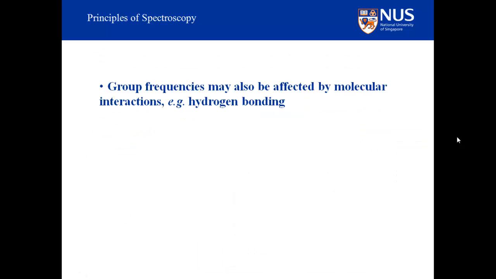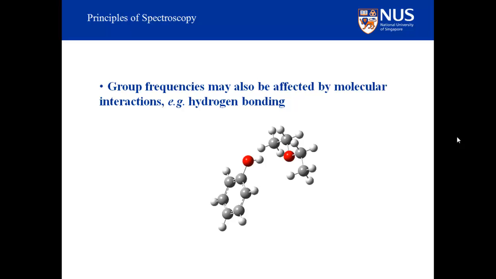Another way this can manifest itself would be because of intermolecular interactions. The most common one would be hydrogen bonding. Here is an example of where we've got a phenol molecule and a diethyl ether molecule, and we're getting hydrogen bonding between the oxygen atom in the diethyl ether and the hydrogen atom in the phenol molecule. Now the OH stretch in phenol should be occurring at roughly 3622 wave numbers if it was isolated in the gas phase.